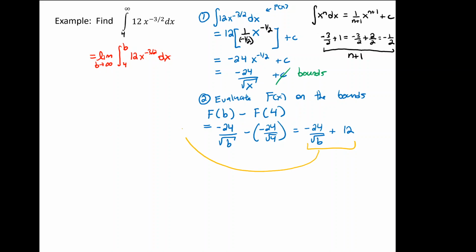And now this is going to go over here. So limit b approaches infinity of, integral's gone. We integrated, we don't need to write the integral again. We've already done that operation, and the result of that operation was this.